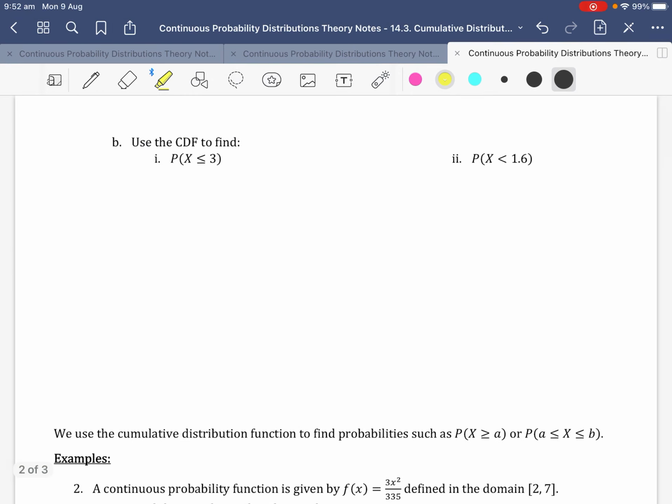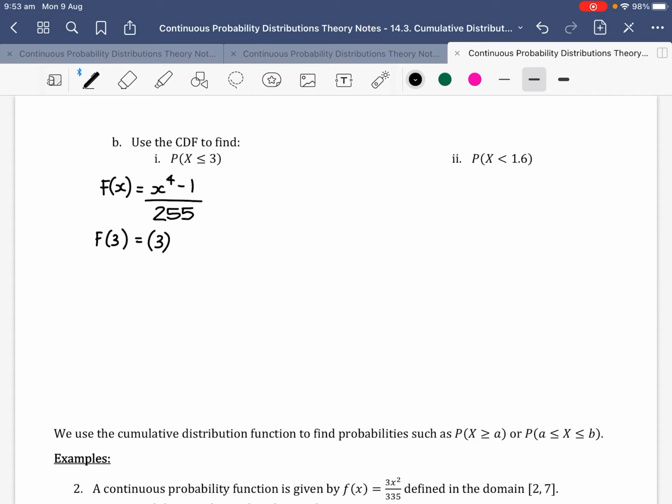Now we want to use the CDF to find the probability of x is less than or equal to 3. We have F(x) equal to x to the power of 4 minus 1 over 255, which is what we just found. For the probability of x less than or equal to 3, we sub in 3 where our x is.